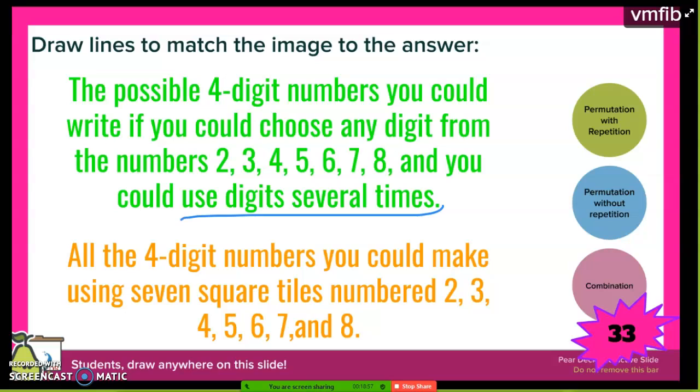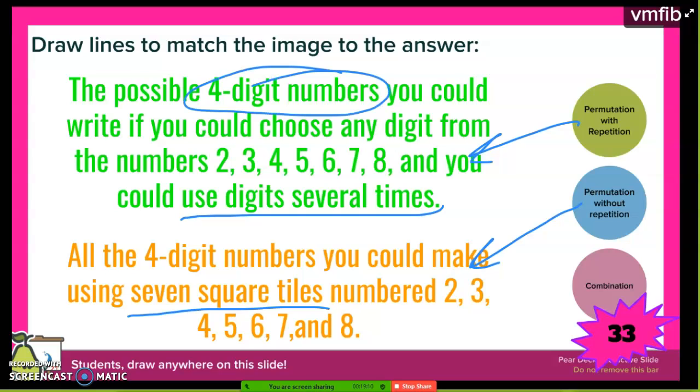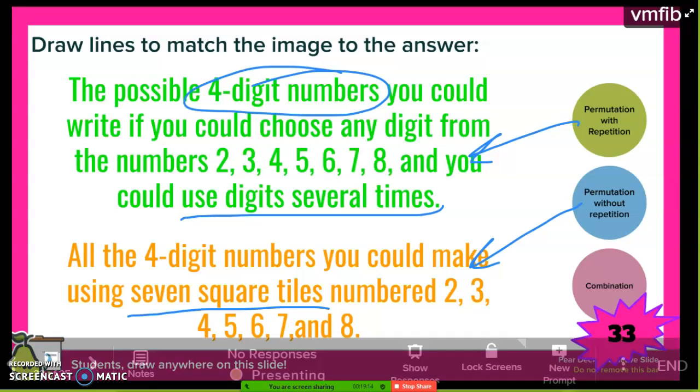Okay, you can repeat numbers, permutation with repetition. You're using square tiles, so there's no repeats. That's a permutation without repetition. Numbers are always permutations because the order the digits are in matters. It'll make a different number.